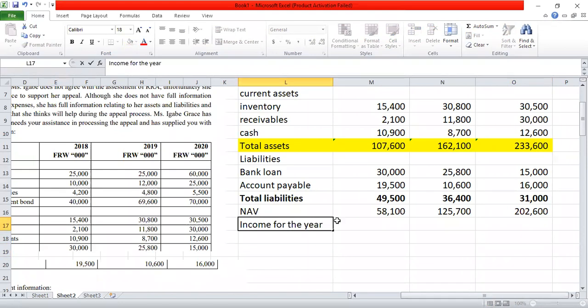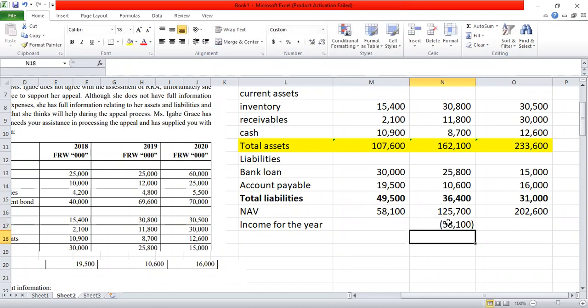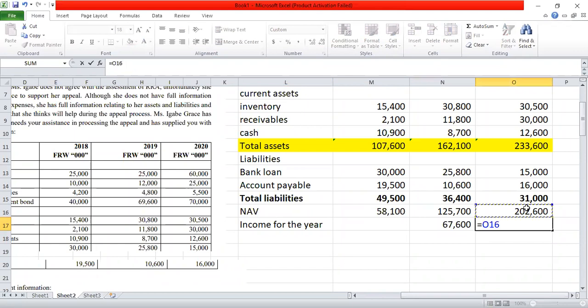So 2018 is my base year, so I only look at this one minus this. I get the income here. Why is it a minus? See this minus this. Then here it will be this minus this. Those are the incomes for the year.